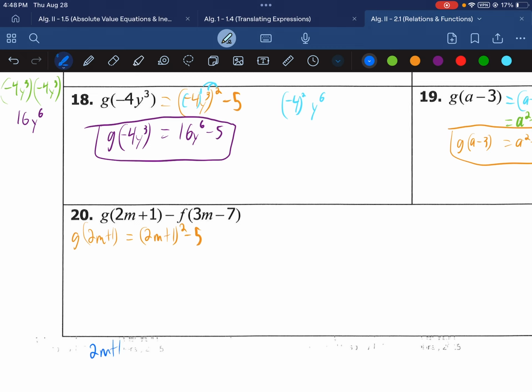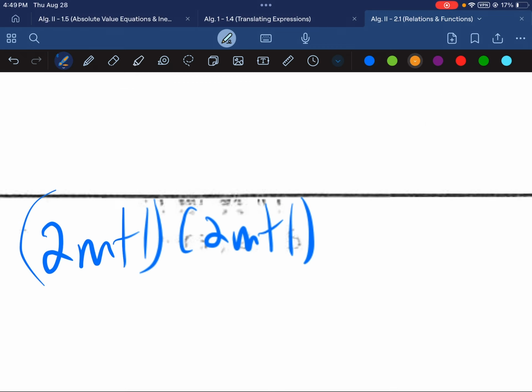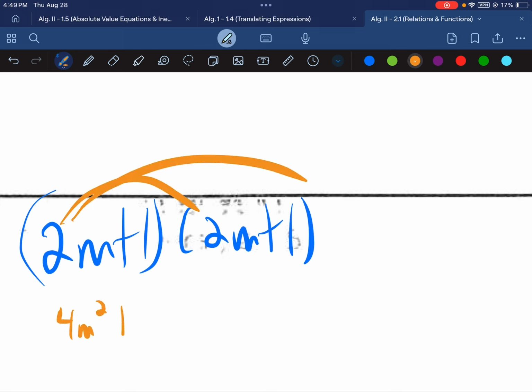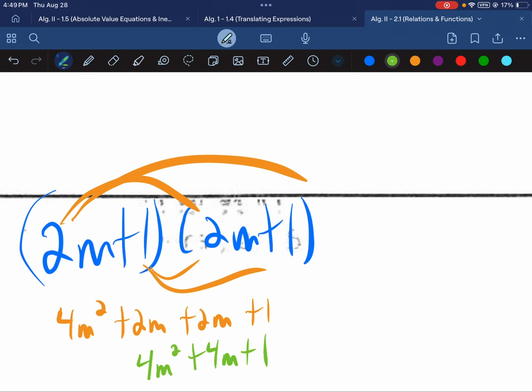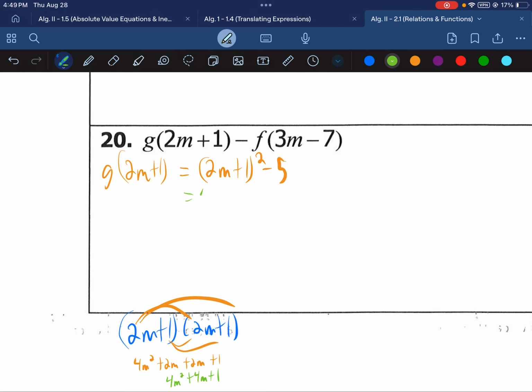So if I do 2m plus 1 times 2m plus 1, I end up getting 4m squared plus 4m plus 1. So I'll write that back up here. We have the minus 5 still.